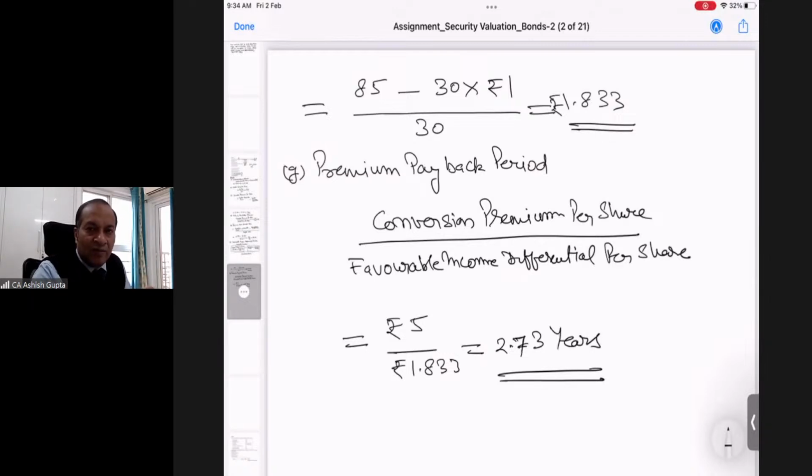So in how much time can I get it recovered? I will get some extra payment from the interest, so my premium will be offset by holding the debenture, and for how much period I have to hold it is computed by the premium payback.